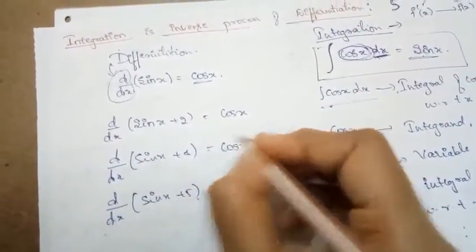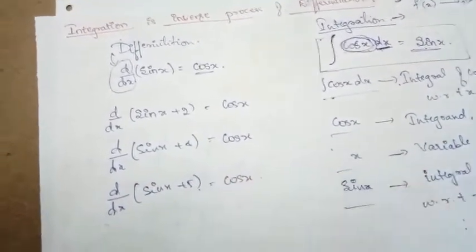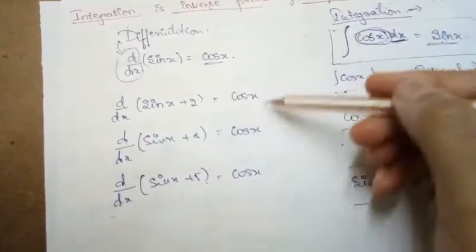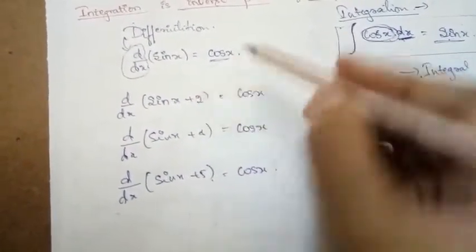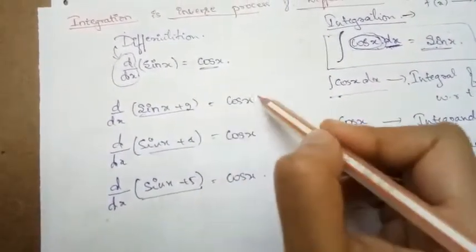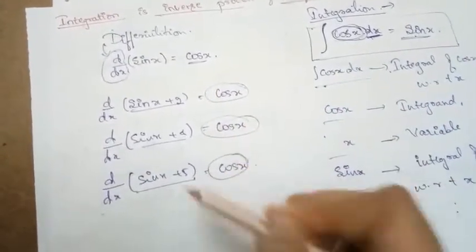So again here, the differentiation of sin x is cos x, and the constant is 0. Again here it is also cos x. So in all these cases, we got the differentiation or derivative of these functions, sin x plus 2 or sin x plus 4 or sin x plus 5, as cos x only.